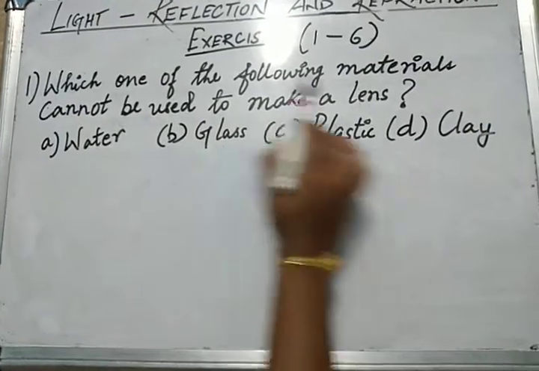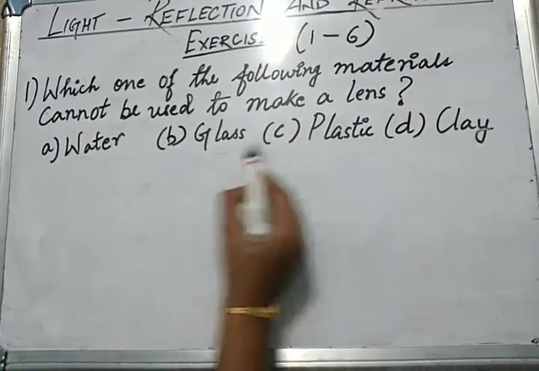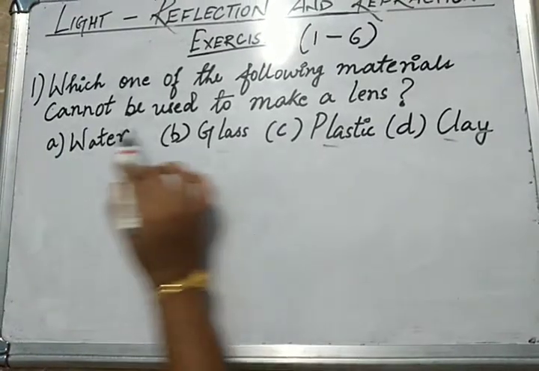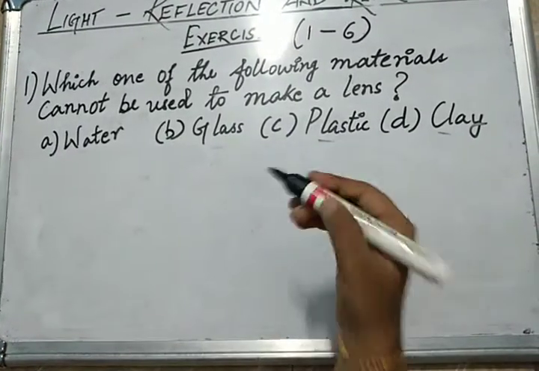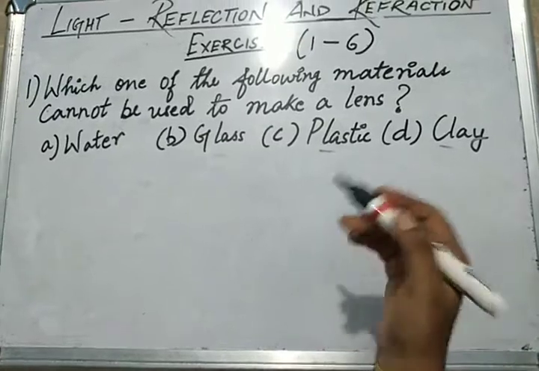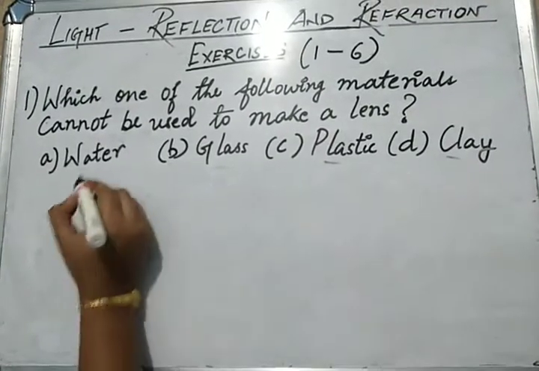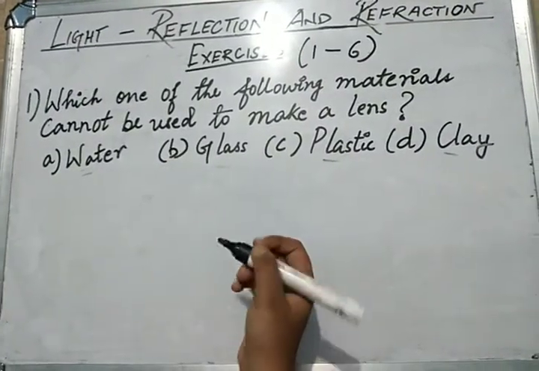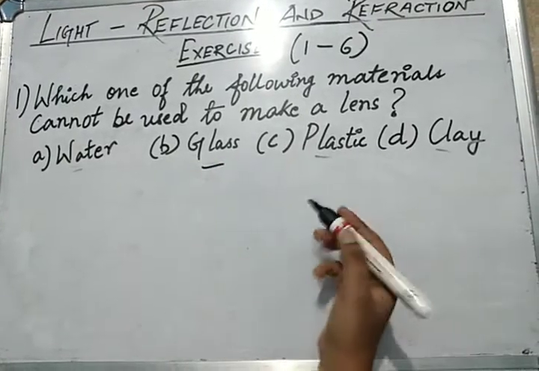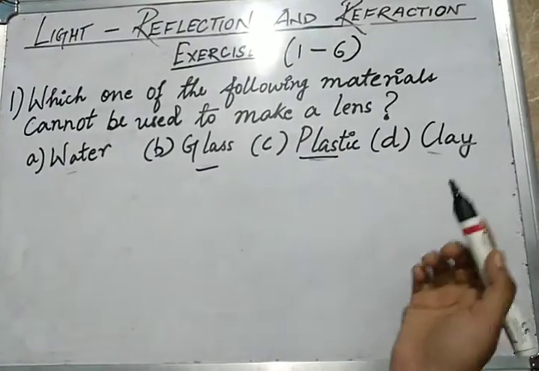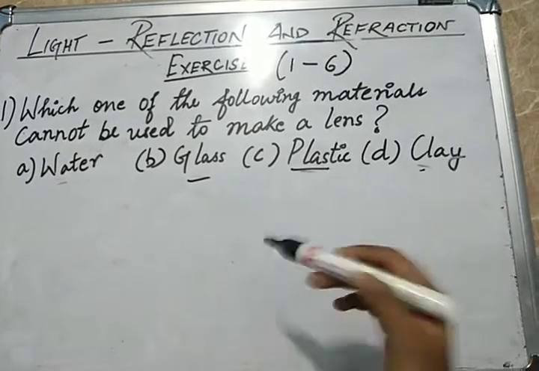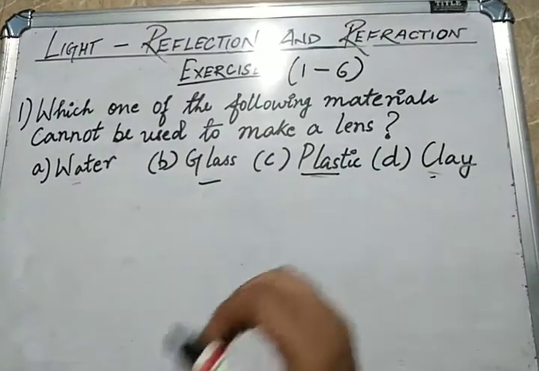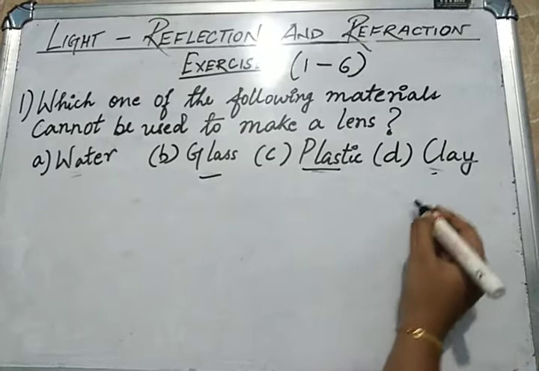So which one of these, water, glass, plastic and clay, cannot be used for making a lens? See, water is transparent, glass is also transparent, plastic is transparent, but clay is not transparent, which means we cannot see through clay. It is opaque.